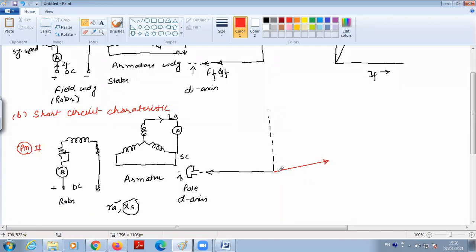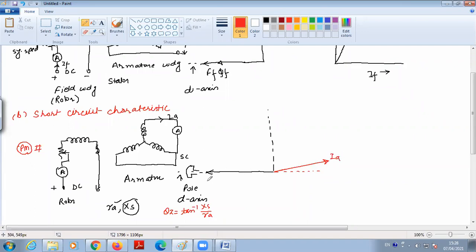This angle is the short circuit angle, and it is not 180 degree because it has some resistance. So theta z is equal to tan inverse of Xs upon Ra, isn't it? Because of this resistance, a small angle remains, and this is the armature current.